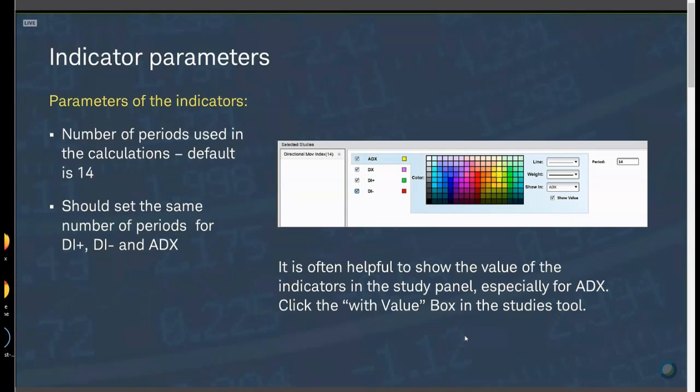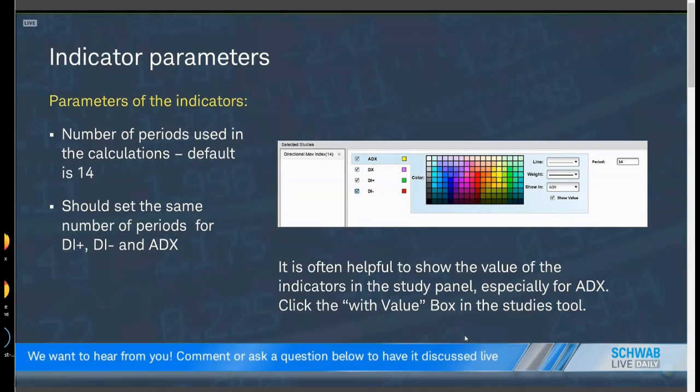Okay, now parameters of the indicator. Most people do use Mr. Wilder's default of 14 periods. So I say periods because as the question already came in, on a daily chart, that would be 14 days. On an hourly chart, it would be 14 hours. All right. It doesn't matter what you choose.